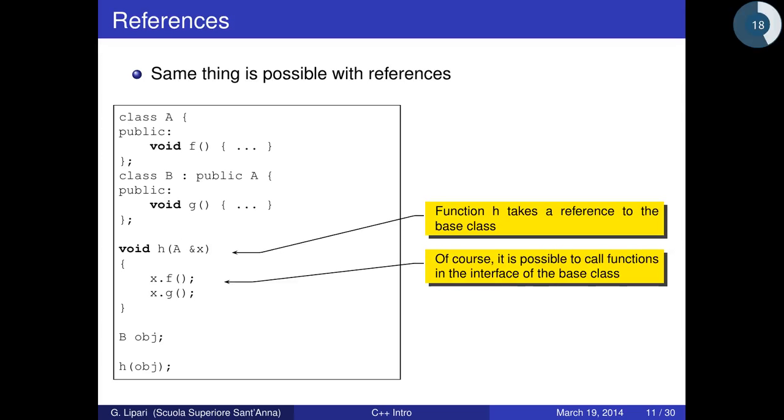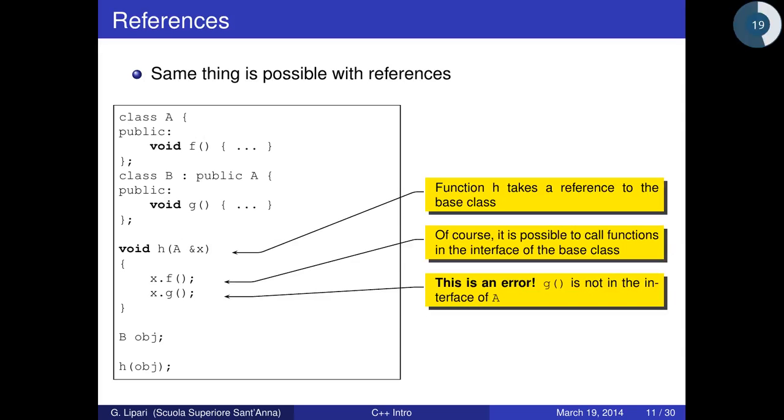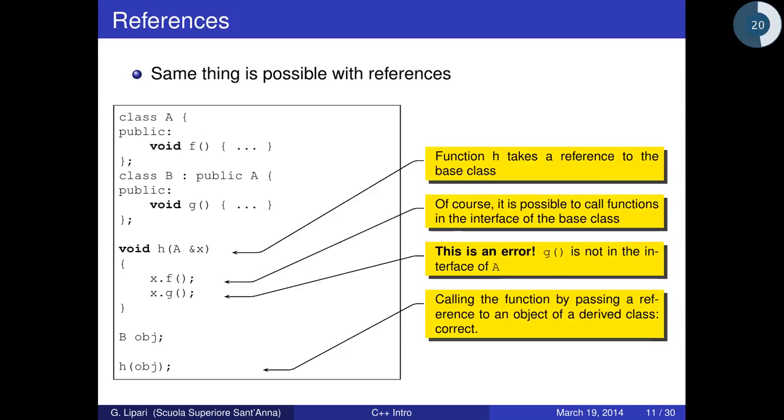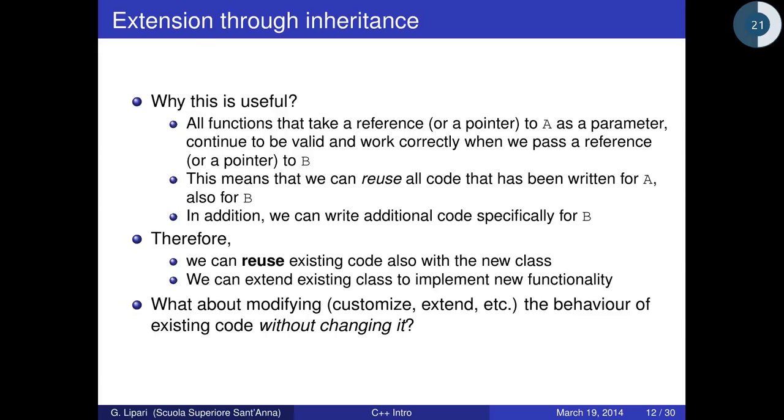Like before, it is possible to call functions in the interface of the base class, so of A, and this one is going to be an error because at this point I have no way to understand what kind of real object x is referring to.